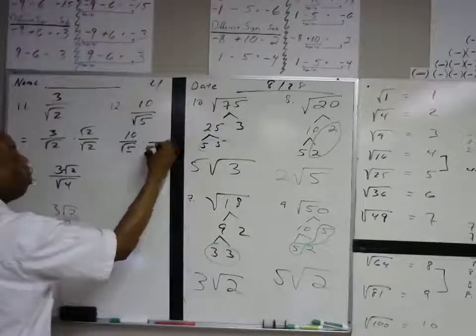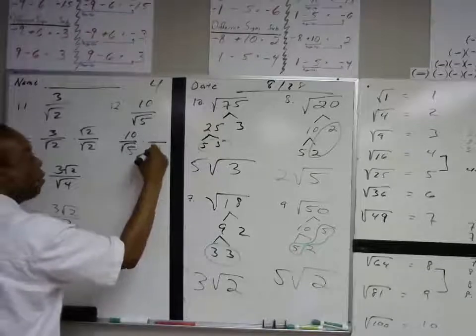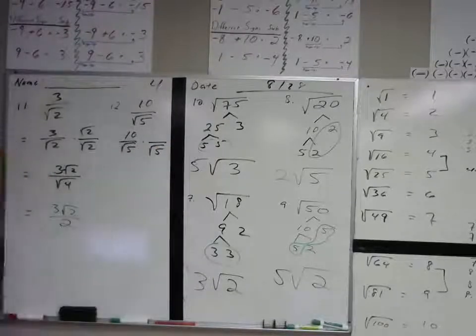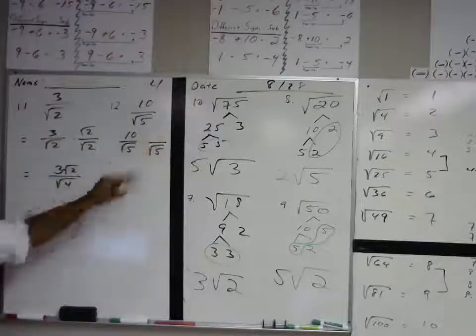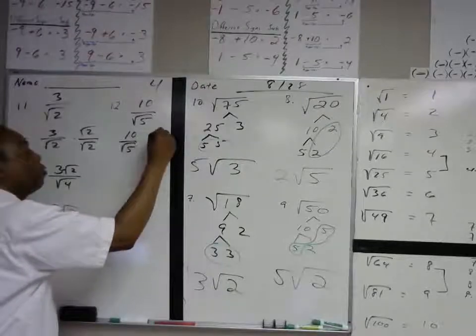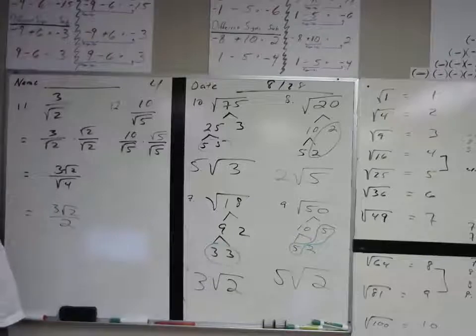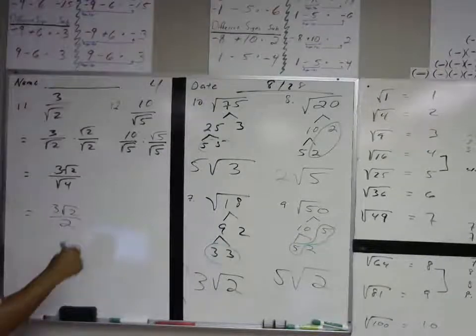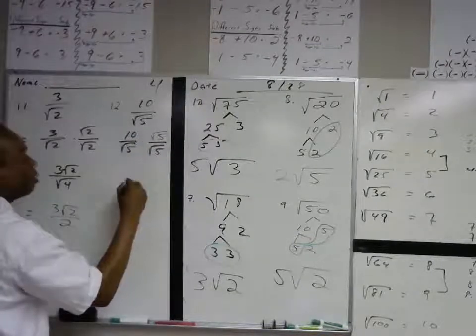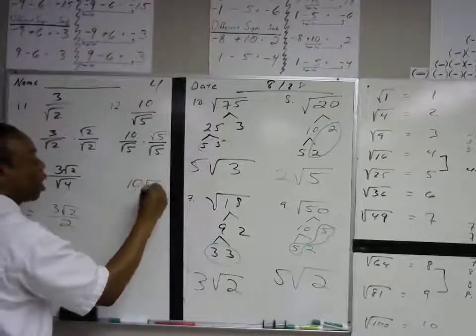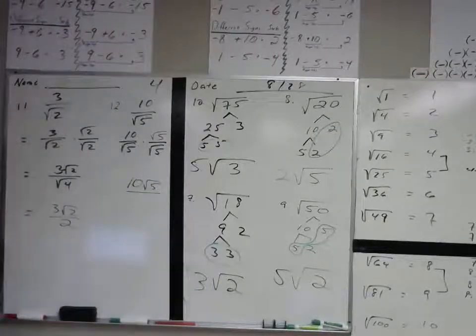And then multiply the square root of 5 by another square root of 5. And whatever you do to the bottom, you've got to do to the top. So we put another square root of 5 here. Okay. Next, 10 times the square root of 5 is 10 times the square root of 5, because those two do not blend.